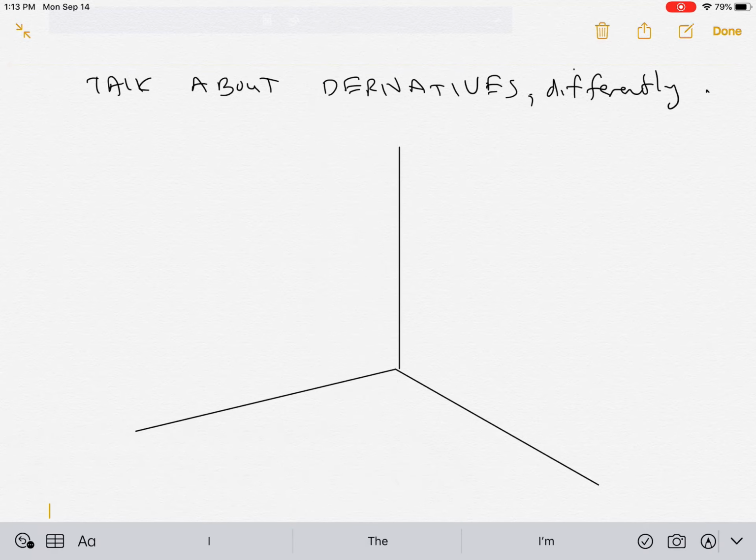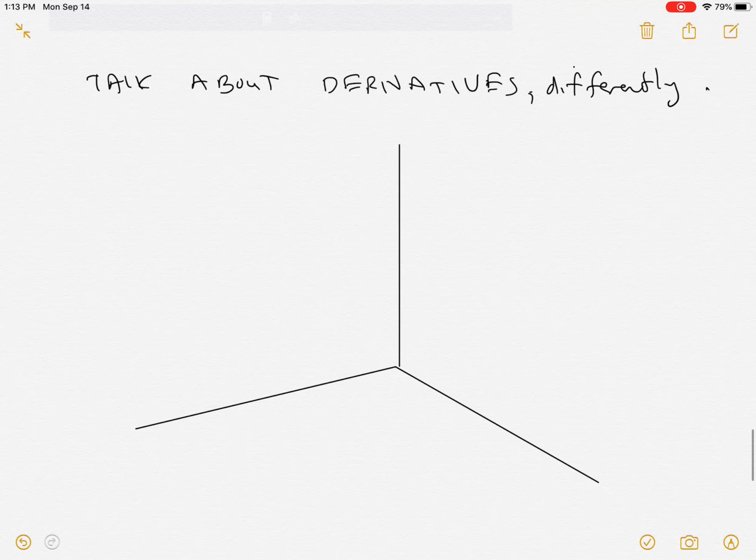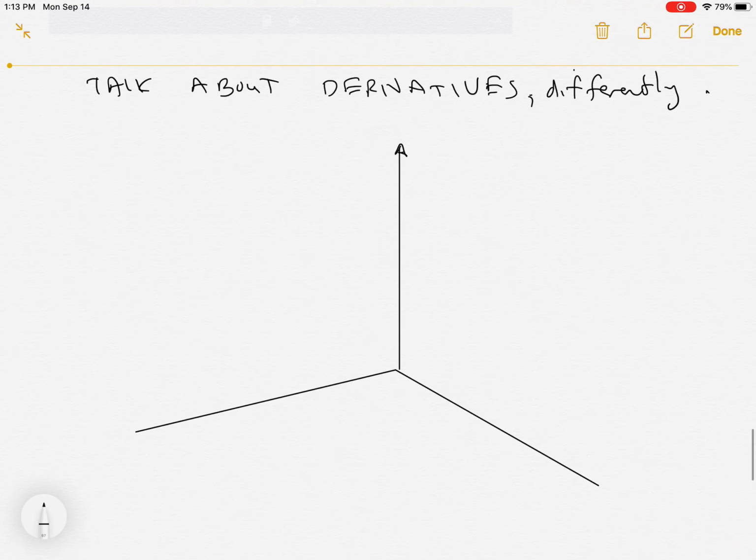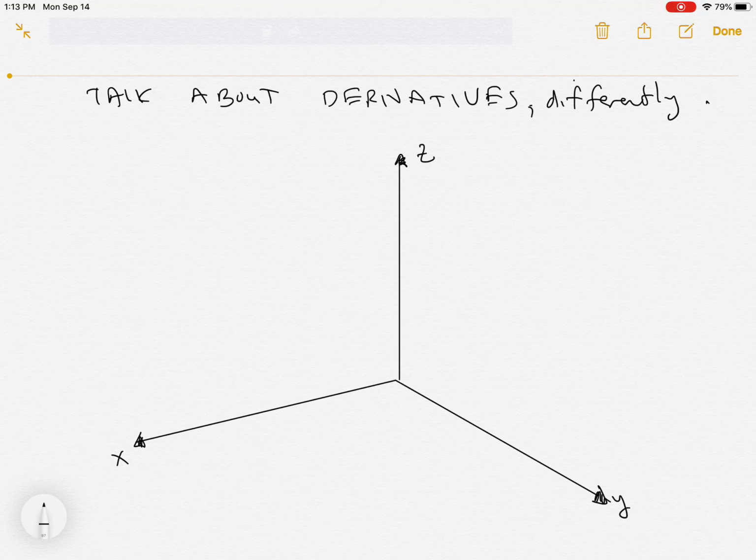And so we have z, x, and y. Okay, so up here, we've already graphed this.